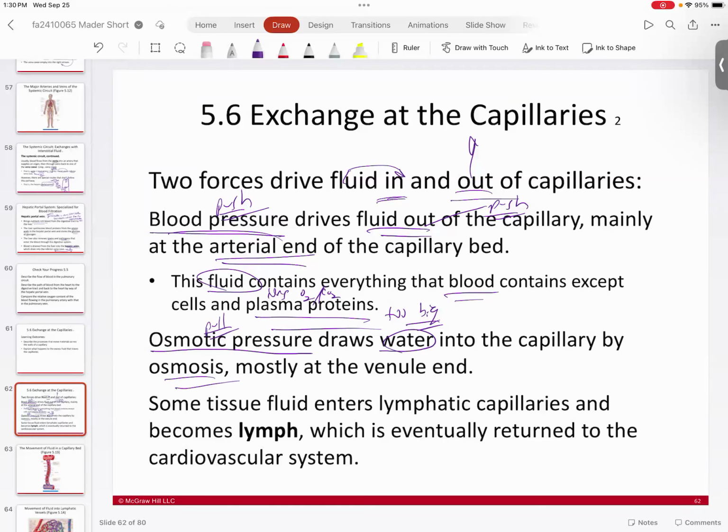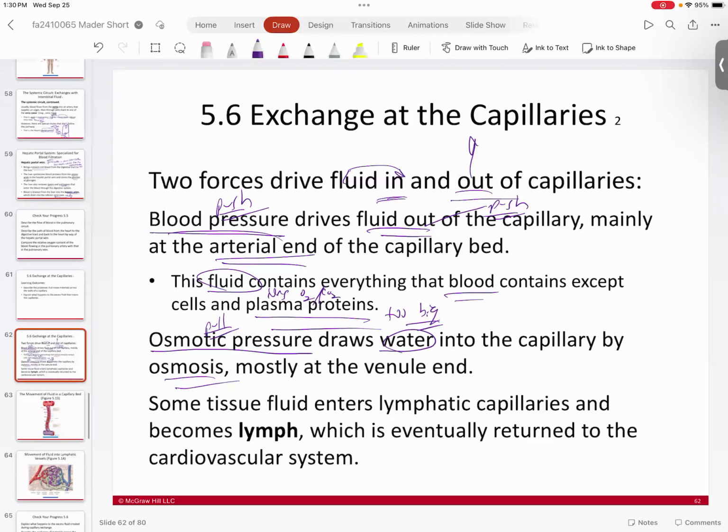So remember, I think we talked about this in the diffusion chapter. We talked a little bit about osmosis and diffusion. And what was the mantra of osmosis? Salt sucks.